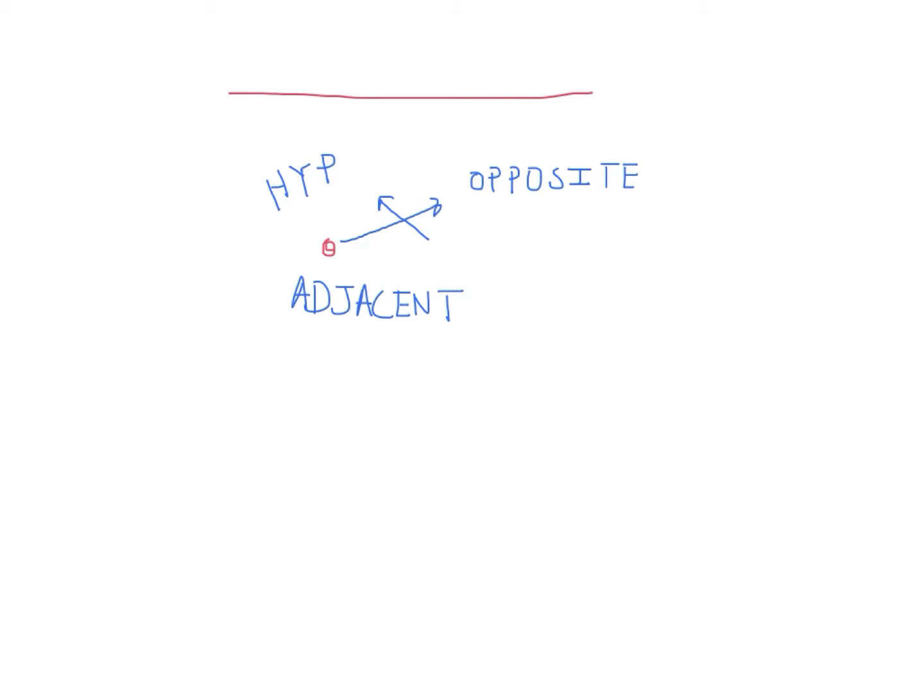Now, the sine of theta, let's just talk about what that is. The sine of any angle theta has to do with the ratio between the opposite side and the hypotenuse. That's all it is.